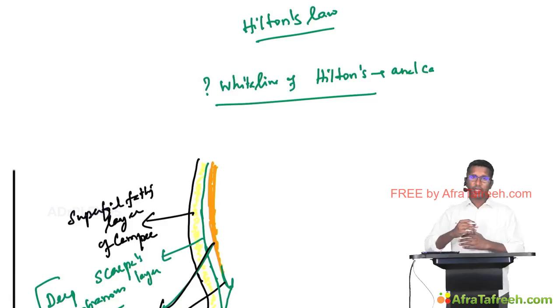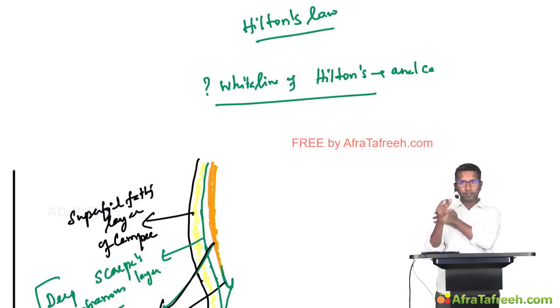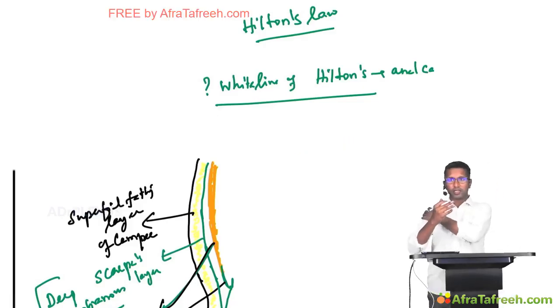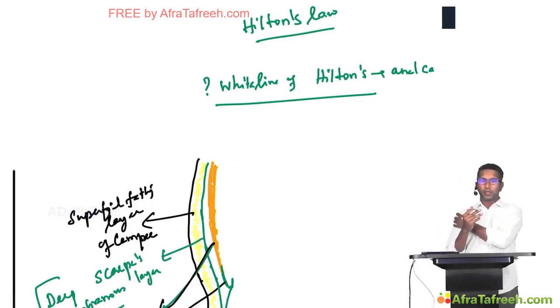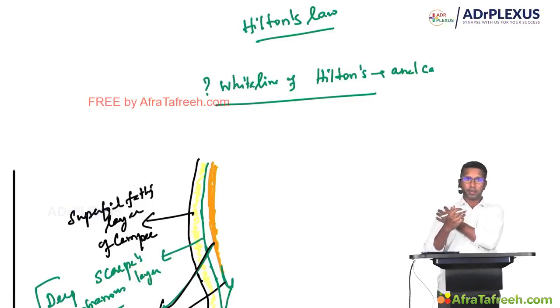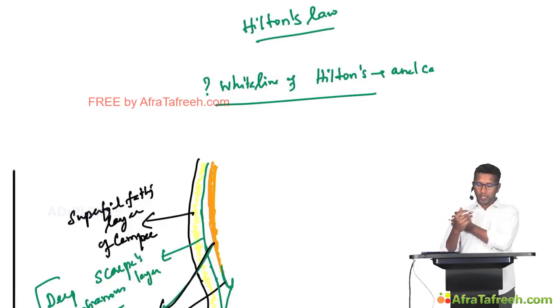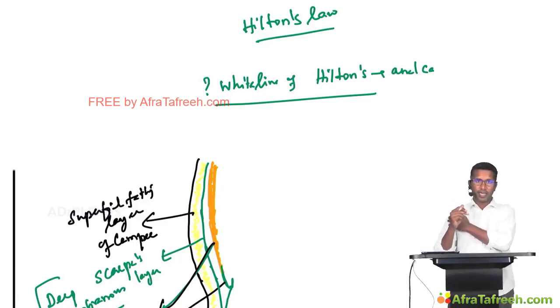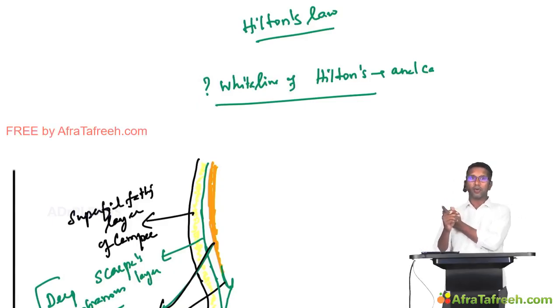I hope you know that if there is a joint, the joint is covered by muscle and the muscle is in turn covered by skin. So what Hilton's law says is that if a nerve supplies a muscle, it will also supply the joint on which the muscle acts, and the skin over the joint.